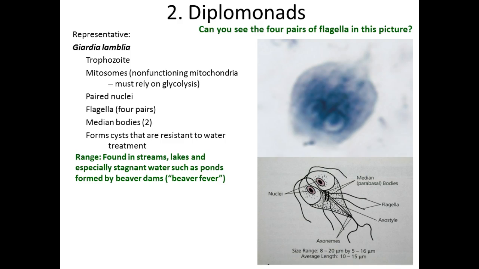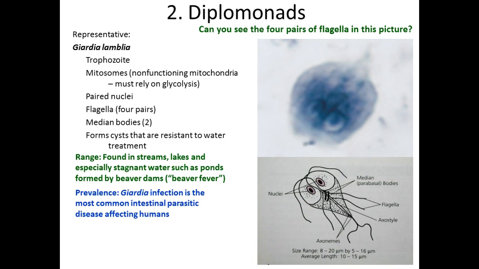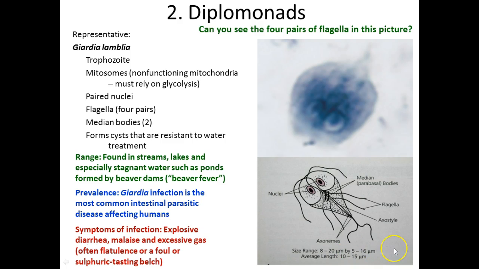So found in streams, lake waters, especially stagnant water such as ponds formed by beavers' dams. So sometimes this is referred to as beaver fever, an infection. As I said, most common in the intestines, although some women can get it in the reproductive area. Explosive diarrhea, malaise, excessive gas, often flatulence or a foul, sulfuric tasting belch.